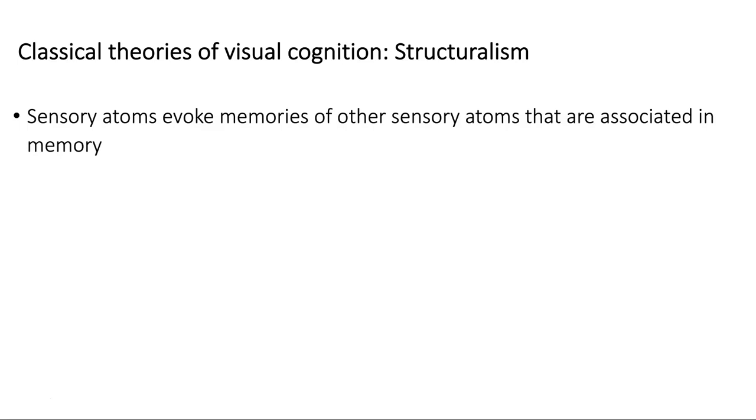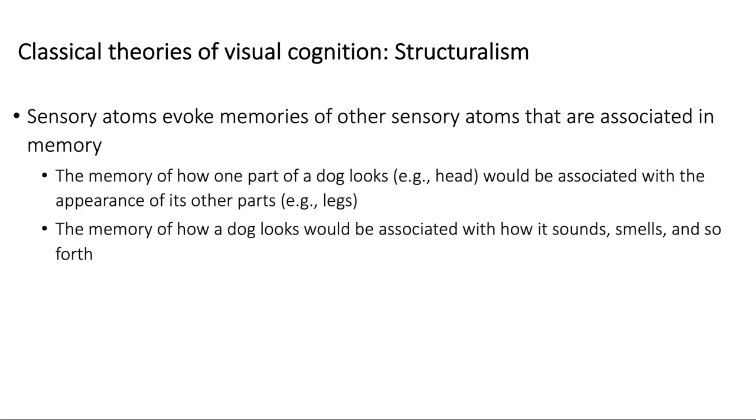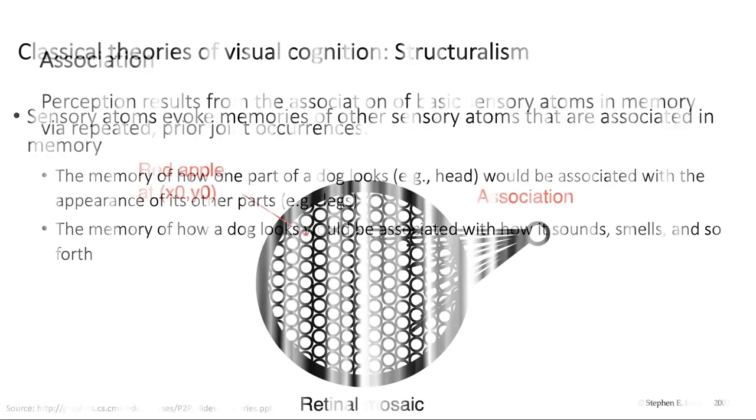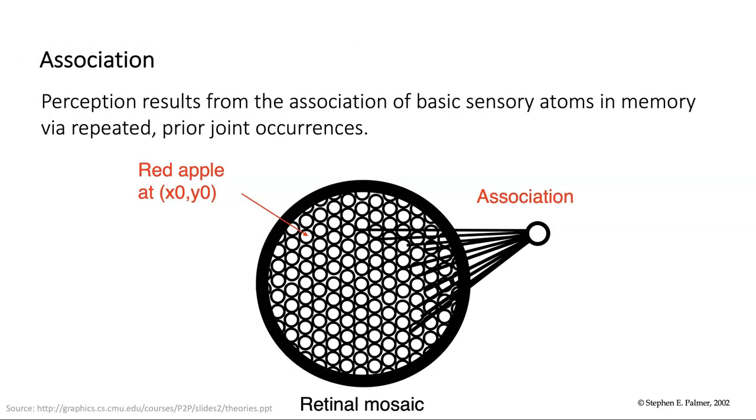And these sensory atoms are associated, they're connected to other sensory atoms or their complexes in memory. For that reason, when I, let's say, see a part of a dog, let's say its head, then I would come up with the idea of its legs and etc. So this was basically the idea.